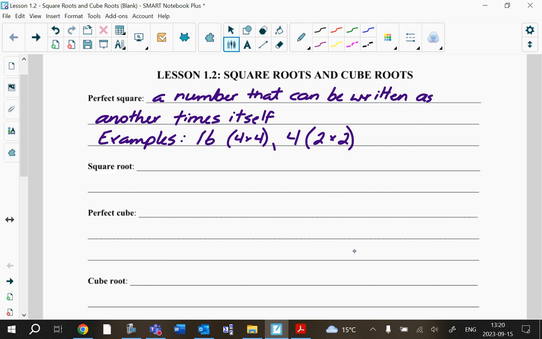Sorry? 49 over 25. Good. All you do is make a fraction up of 2 perfect squares. So this is a perfect square because it's equal to 7 over 5 times 7 over 5.